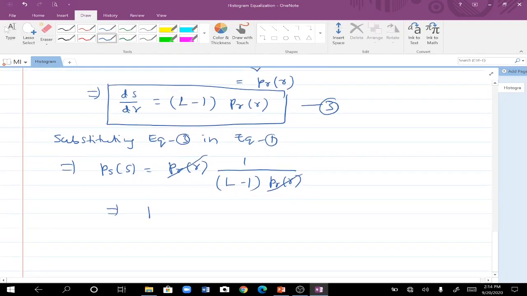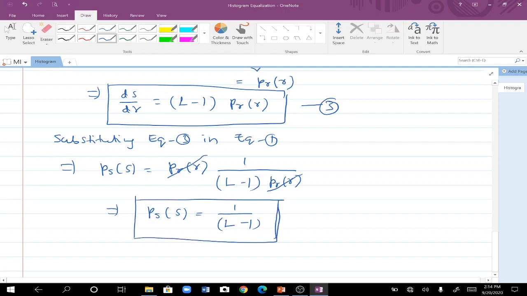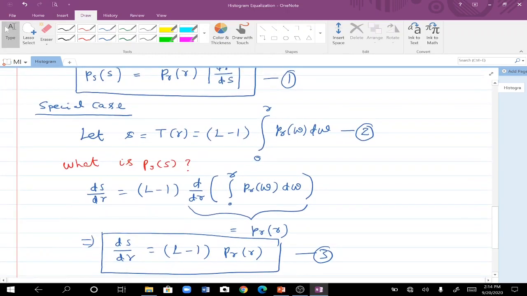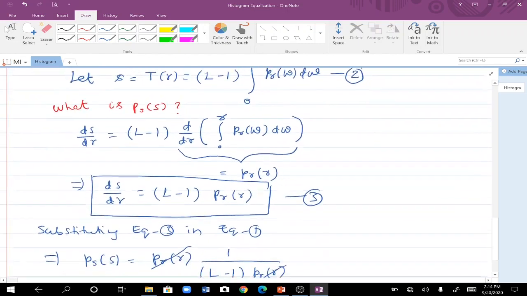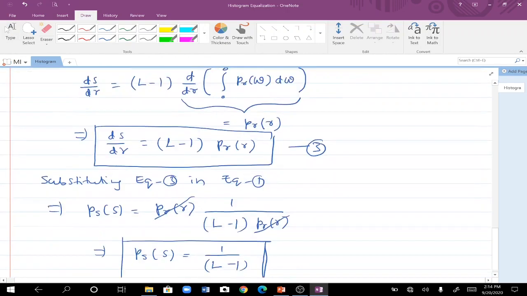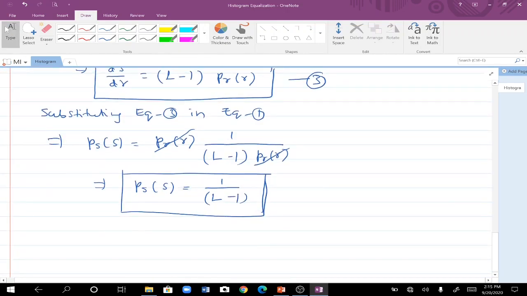So what you are getting as the probability density function here is 1 by L minus 1, the most important result here. Notice here, irrespective of what the probability density function PR of R is, once you are using a cumulative CDF here multiplied by L minus 1, for that random variable, the PDF is always uniform.